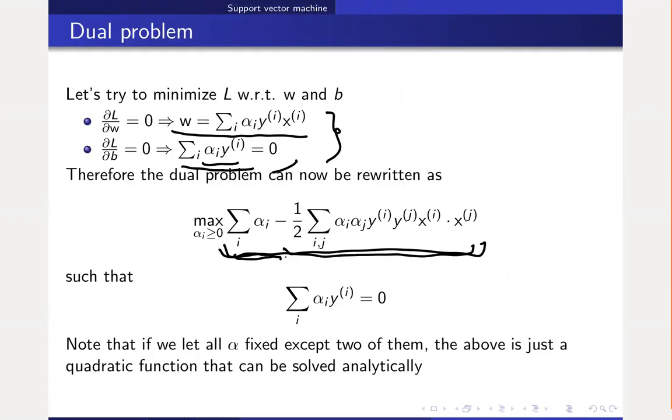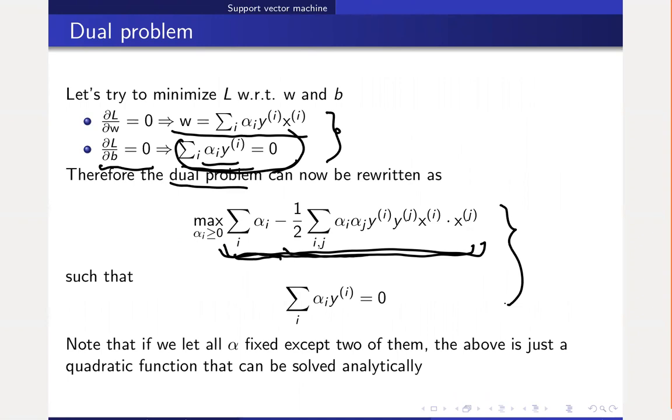And when we take the gradient with respect to B, we have this constraint, so I need to put that constraint back. So I have a new, different problem now. The dual problem is that I reduce into this form here. It looks complicated, but actually it's easier to solve.